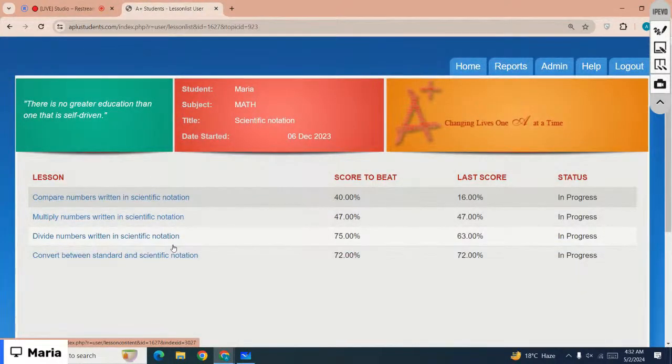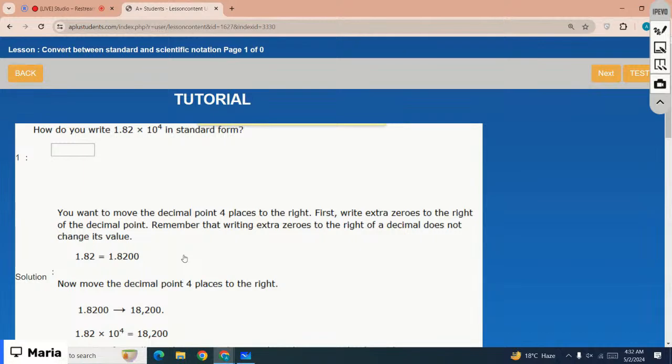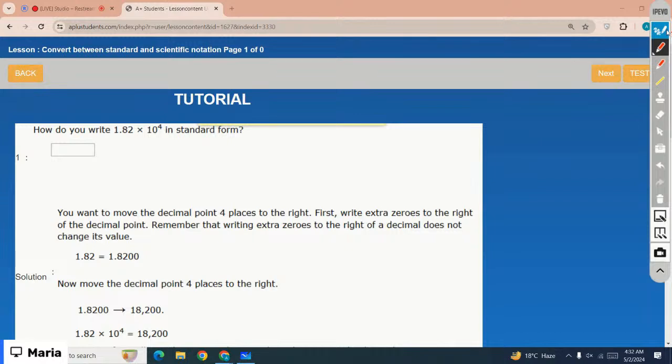The next lesson is convert between standard and scientific notation. That is the lesson you have to learn: how do we convert from standard to scientific notation and from scientific to standard form. The first one is, how do you write 1.82 times 10 exponent 4 in standard form? The exponent is 4, so you need to move the decimal point 4 places.